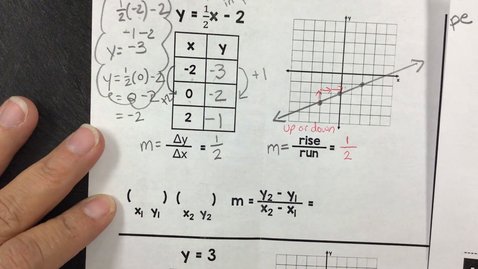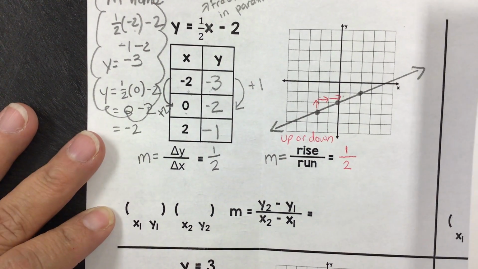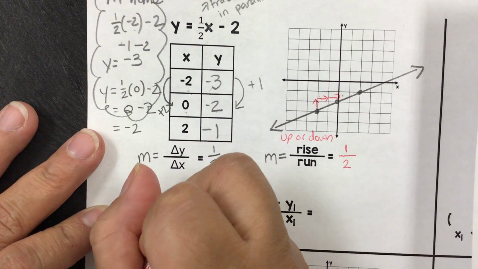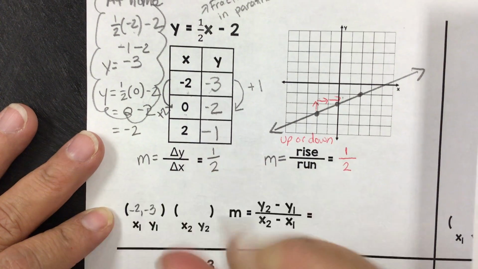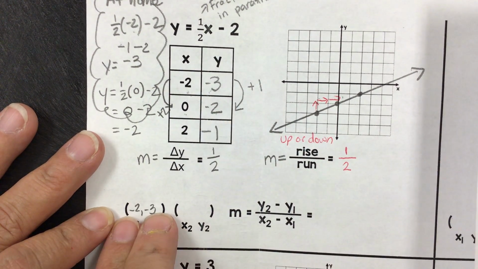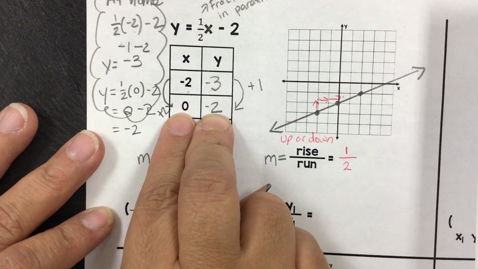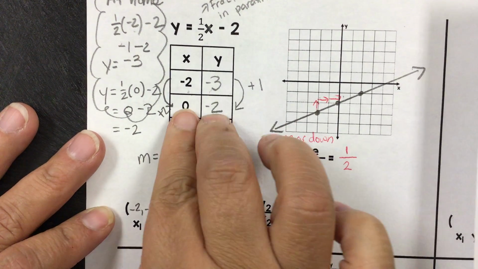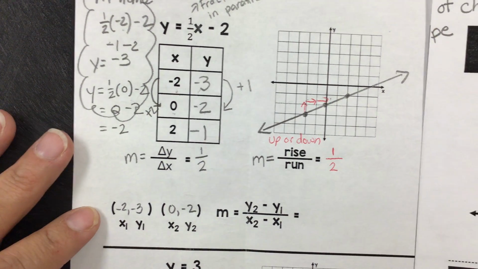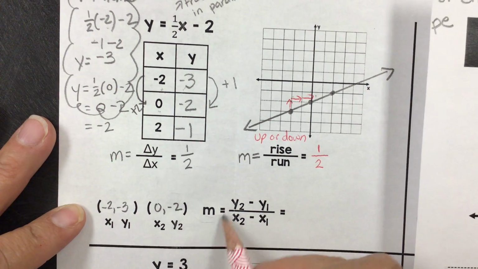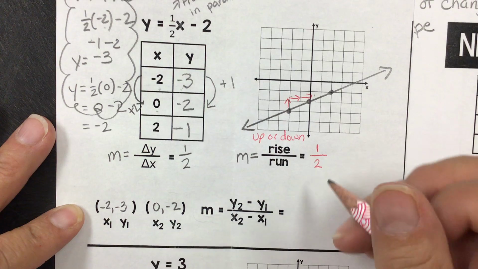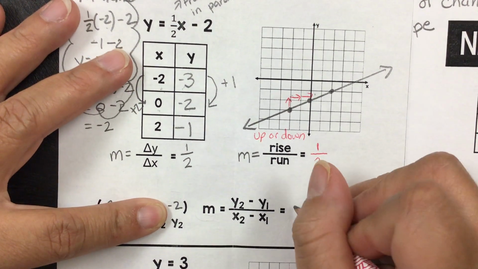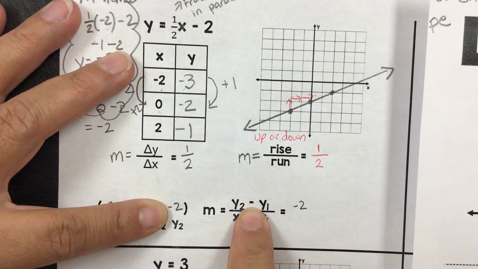The next one is when you have ordered pairs. And you can select any 2 of these points. I'm going to select the first 2. That's -2, -3 is the ordered pair that goes together. 0, -2 is the ordered pair that goes together. And this is the formula for the slope, which says that you're going to get y2, which is -2, subtract it.